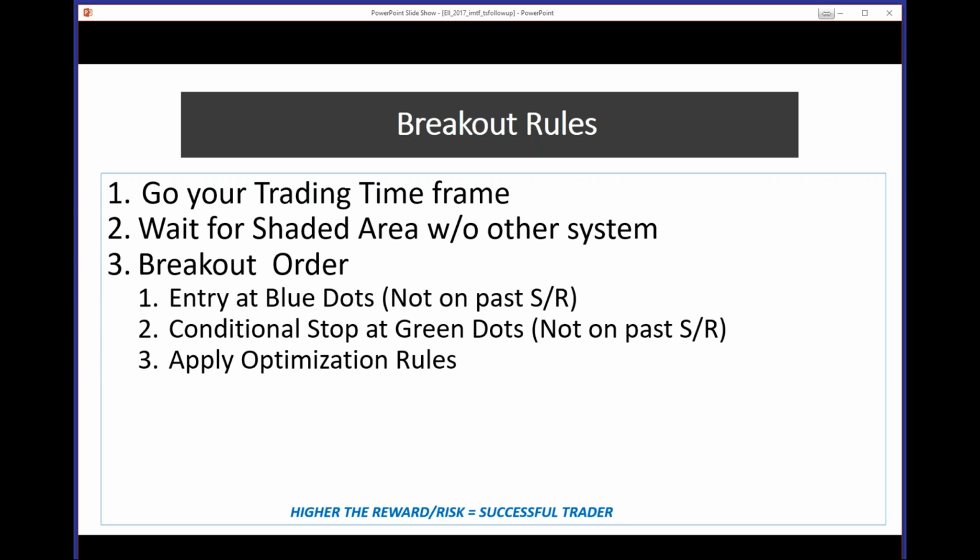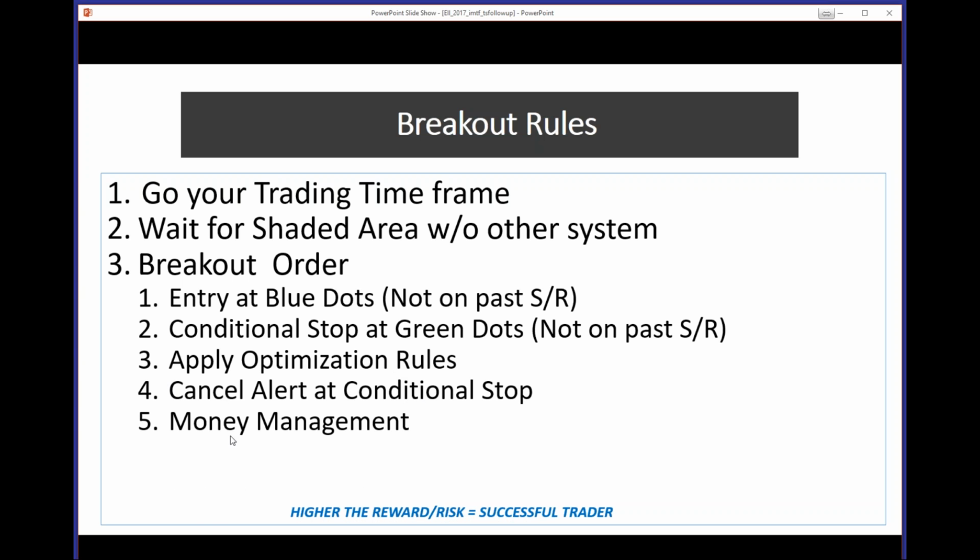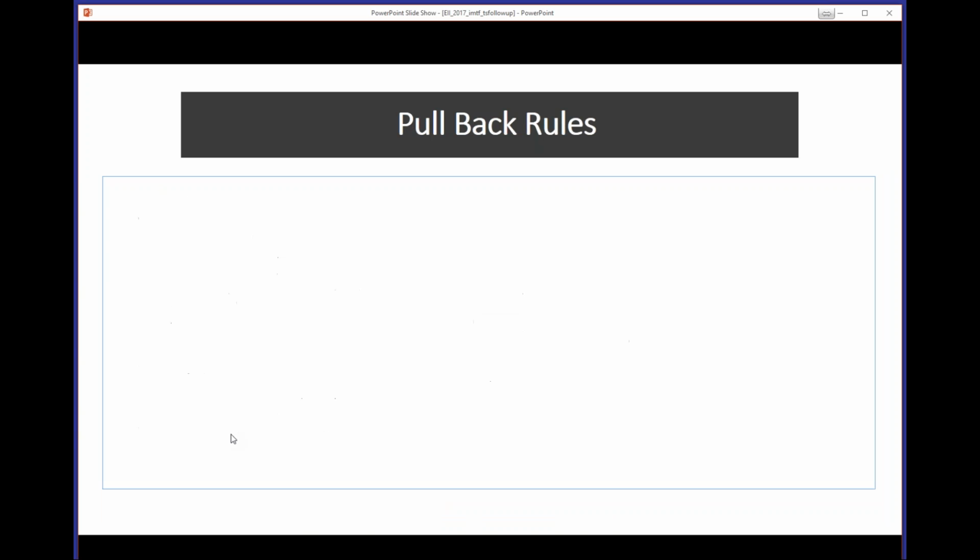If you have a technical system, whether it be pivots, Bollinger Bands, harmonics, Fibonacci, Elliott wave, it doesn't matter what it is, this is where you apply your optimization rules right here. If your optimization rules say you still enter the trade, then you move forward, you put your cancel alert at the conditional stop, and then you apply your money management and you're ready to go. These are your breakout rules.